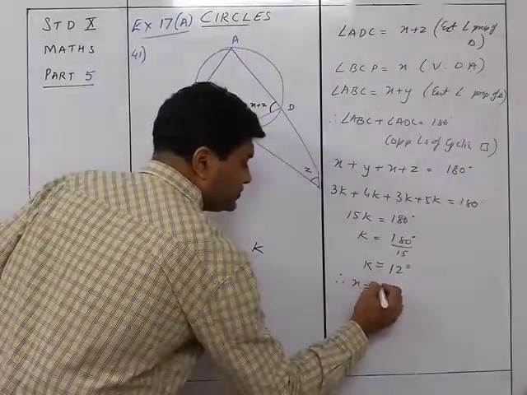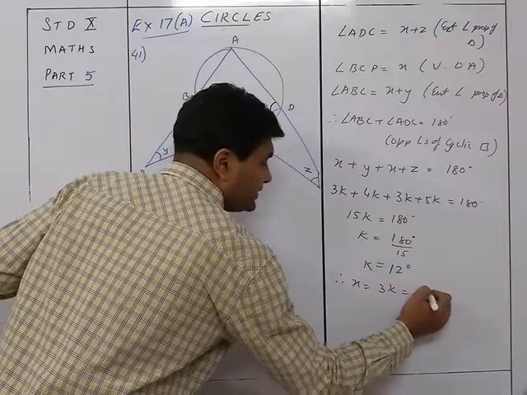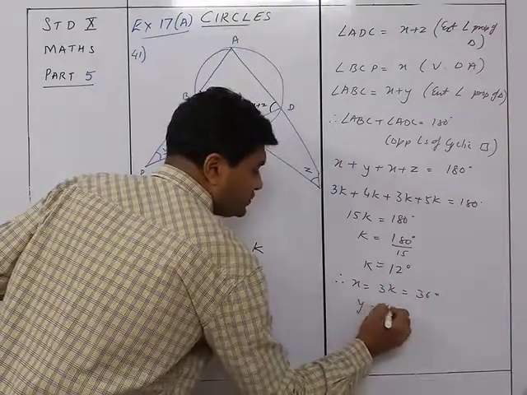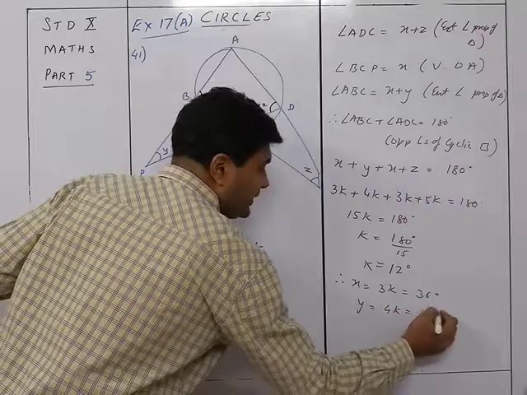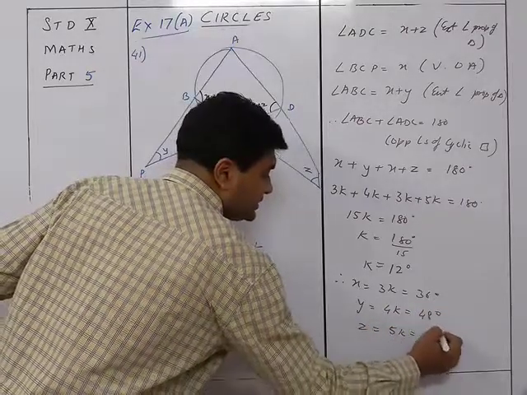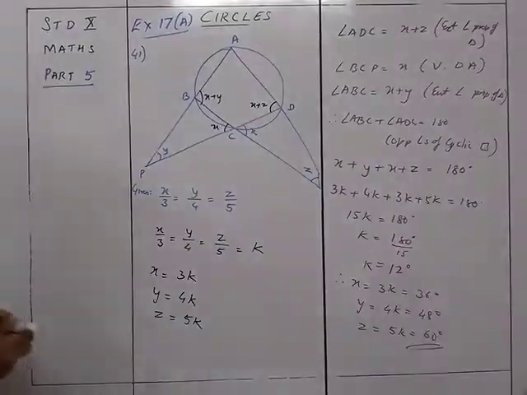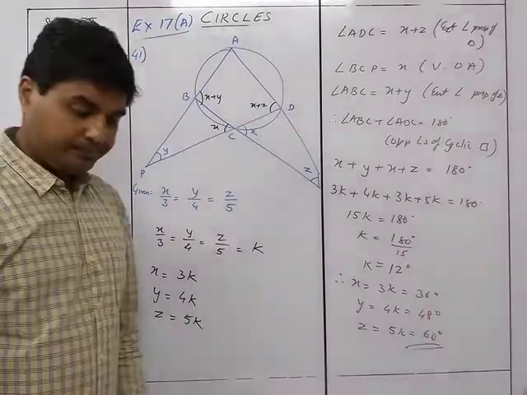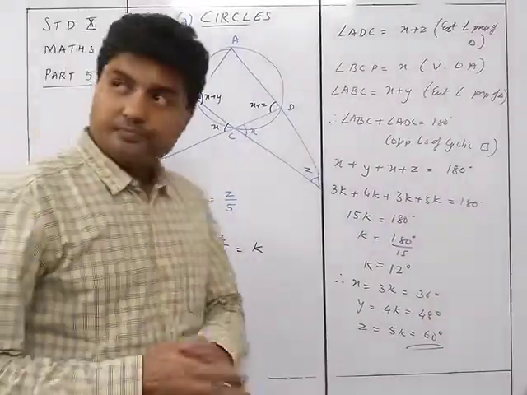Therefore, x is equal to 3k is equal to 36 degrees, y is equal to 4k is equal to 48 degrees, z is equal to 5k is equal to 60 degrees. Got it? Sum number 41.